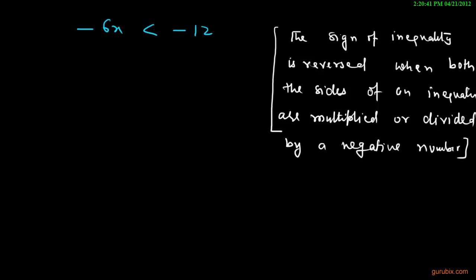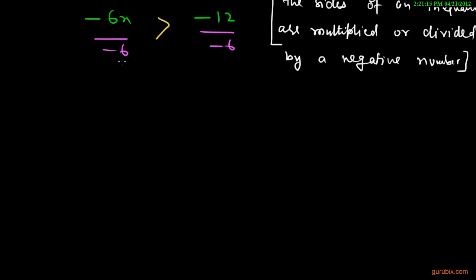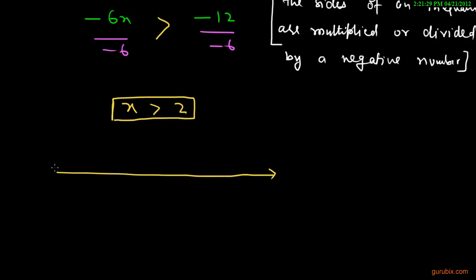So here we shall divide both sides by negative 6, and then the sign will be reversed like this. Here it is less than and here it is greater than, and now we shall calculate it. Then it will be x greater than 2. So this is the solution of the given inequation, and we can represent it by a number line.